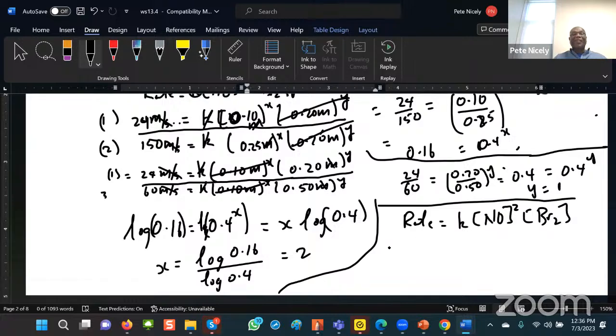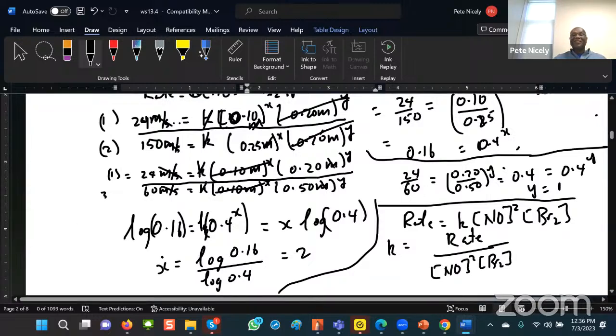And the third part is asking for you to find K. And if you remember what we did the last time, that would be equal to K, it would be equal to rate divided by concentration of NO squared times concentration of Br2. And all you have to do is put the numbers in. So you could use the numbers from the first set of data.